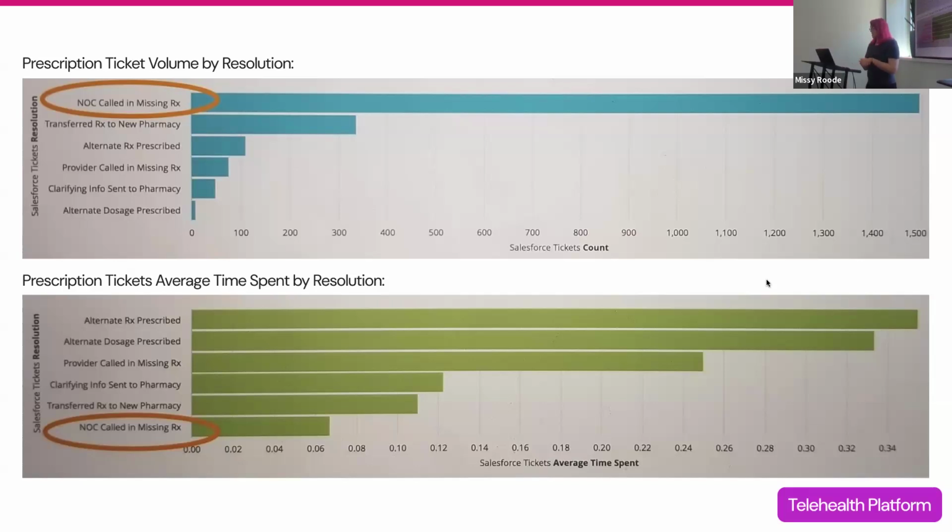You can also see transferring a prescription to a new pharmacy. That doesn't happen with anywhere near the frequency that calling in a missing prescription does, but it is also taking longer. So it's funny because it looks like it's not a big deal from here, but wait till you see what happens when we calculate cost.